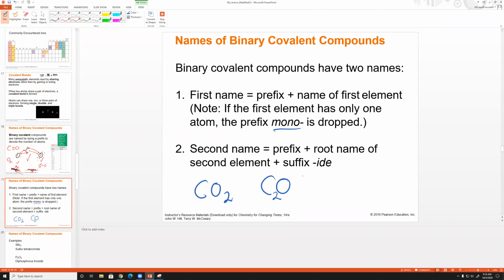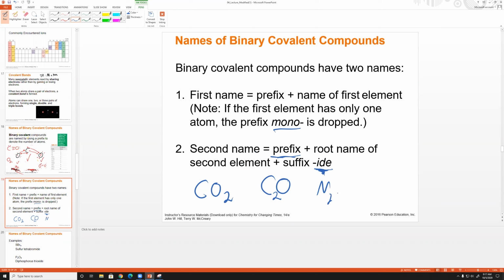And we'll do examples. The second element always gets a prefix, just always, even if it's 1, if it's 2, if it's 20, whatever. Then the root name, and you're staying with the ide ending. The ide ending stays the same as it did for ionic. So this would be dicarbon monoxide.